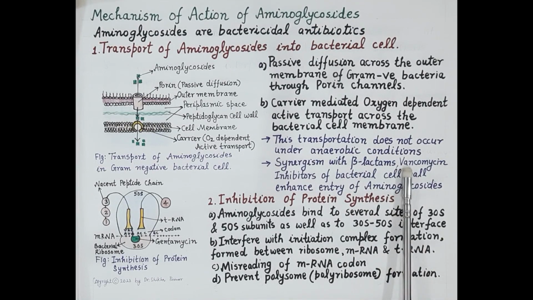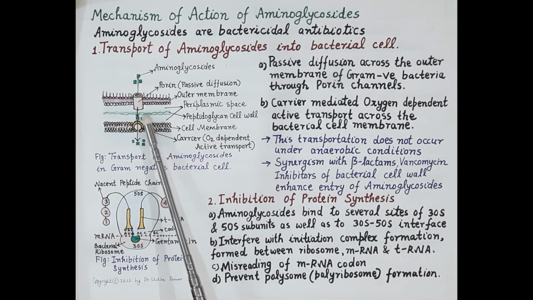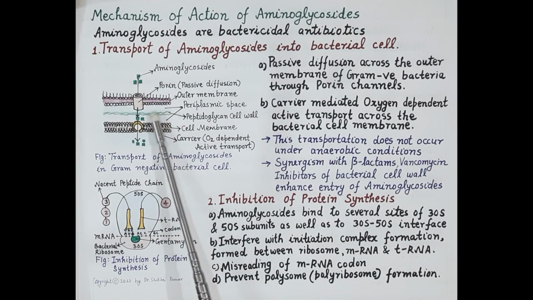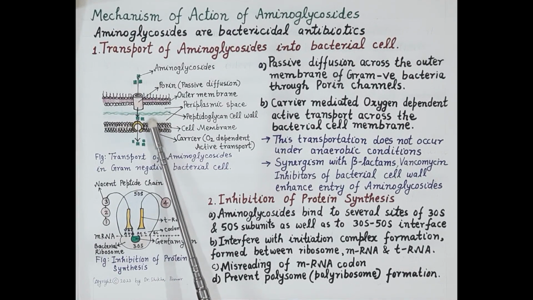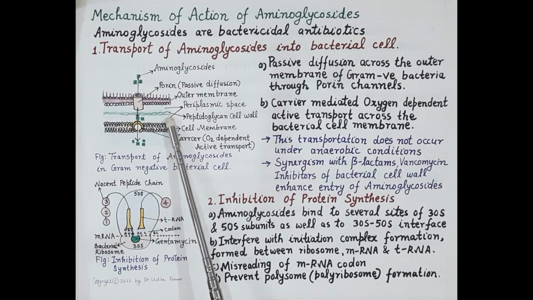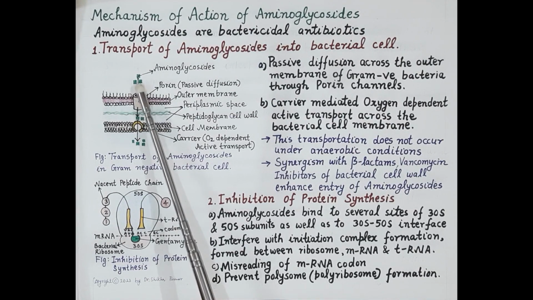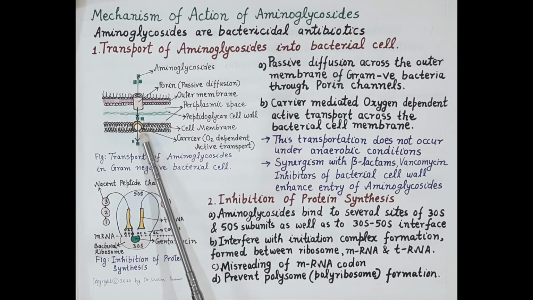These antibiotics inhibit the formation of the bacterial cell wall, and this enhances the entry of aminoglycosides into the bacterial cell. So, this is how these aminoglycosides reach the cytoplasm of gram-negative bacterial cells.